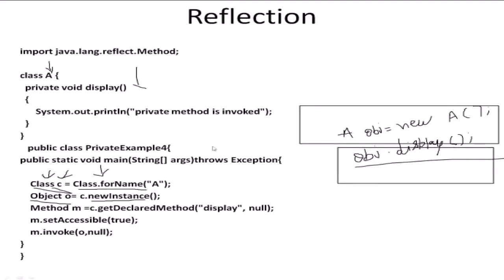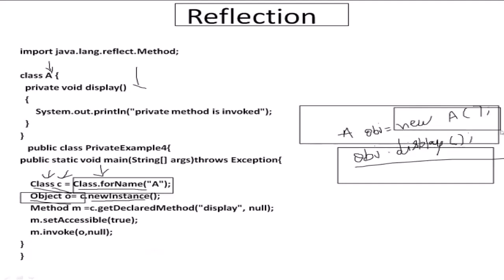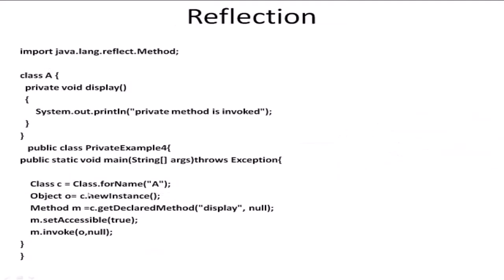But instead of doing that, by using the method of reflection, what we are going to do is create a dummy class and assign the forName A, and object O equal to C.newInstance. What is this new A? It is an instance of the class. So instead of that, we have used C.newInstance. Now again, in order to access, we use method M, which we use in order to invoke the display method.